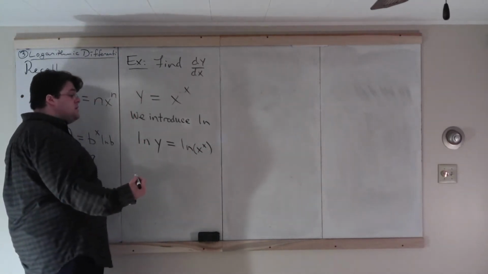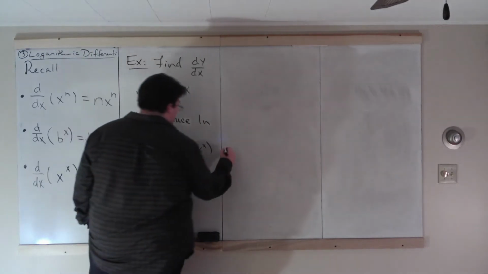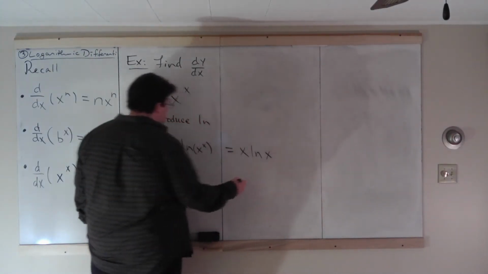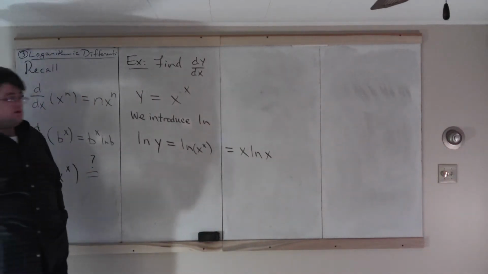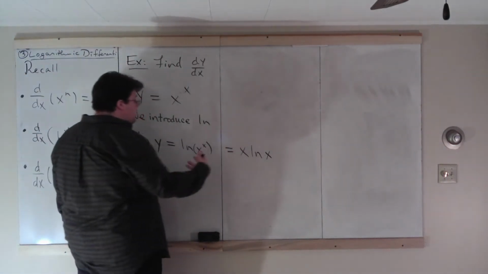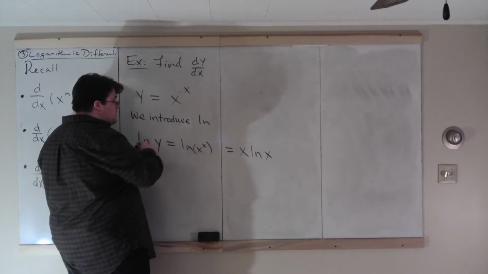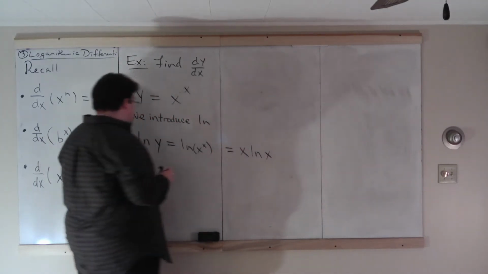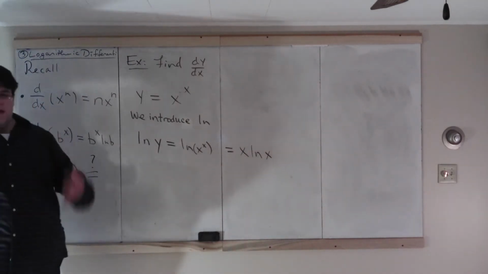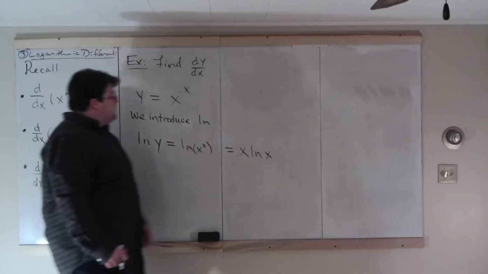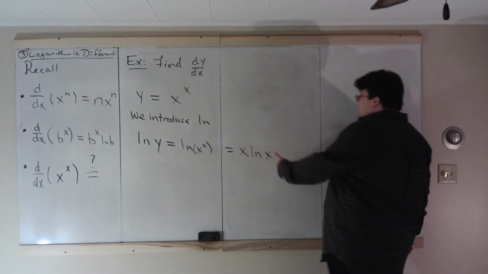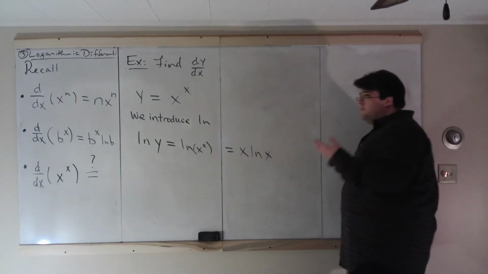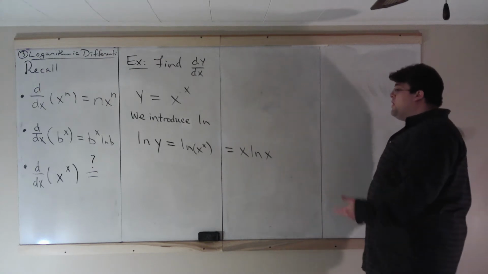But logarithms have convenient properties, and we use the one where the exponent comes out in front. So log of x to the x, this x exponent comes out in front with multiplication. So now log y equals x log x. So we have here on the right side a product, and we know how to take derivatives of products.